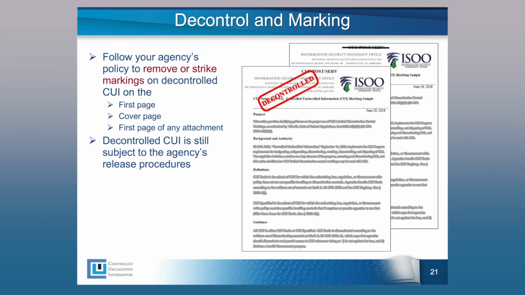It is important to properly mark CUI that has been decontrolled because it ensures that we don't use resources to protect documents that no longer need to be protected. You must follow agency policy regarding marking decontrolled CUI, which may involve striking through or removing old CUI markings, either on the first page, cover page, or first page of any attachment.